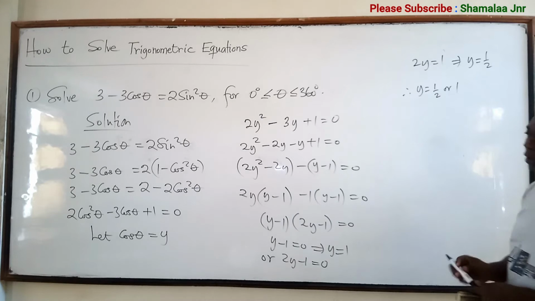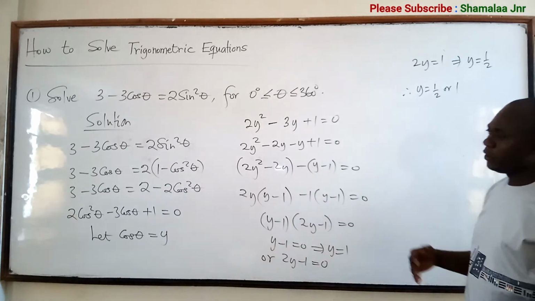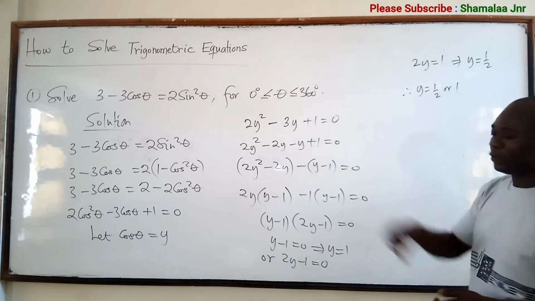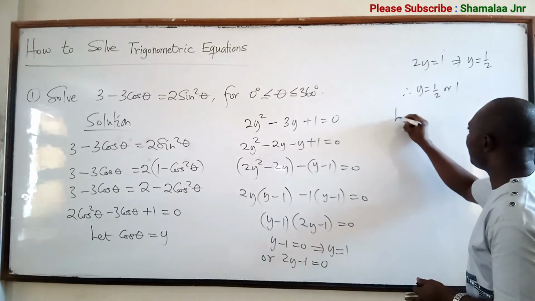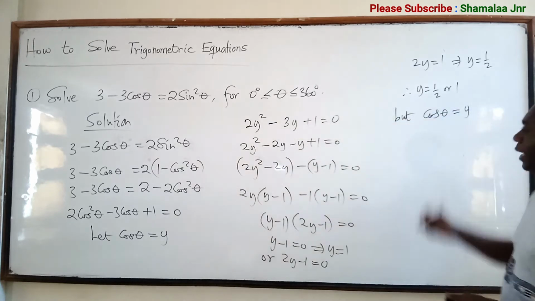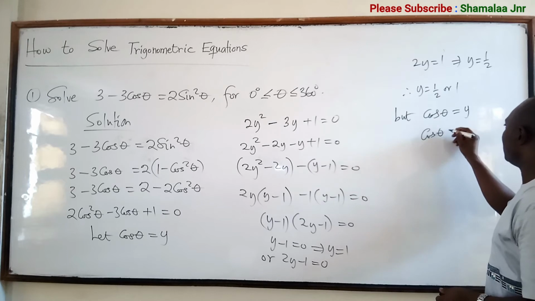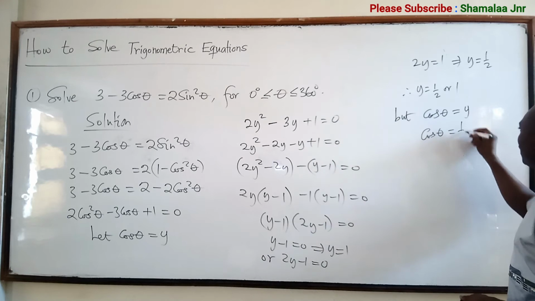But viewers, don't forget that in the question, there was no y. You have replaced cos theta with y, so you have to go back and solve for theta. So we know that cos theta is equal to y, and one of the y values is 1/2.